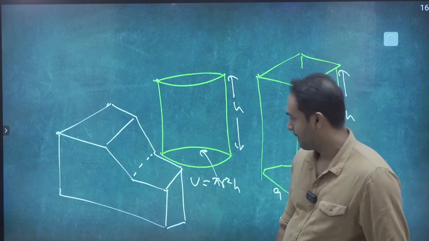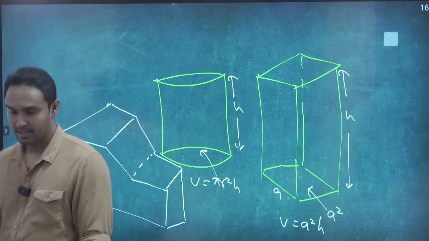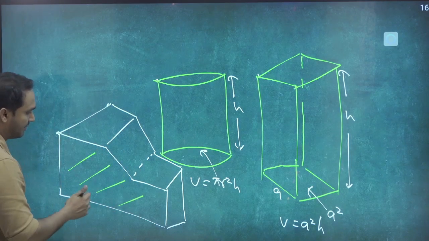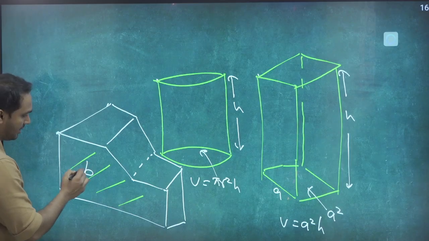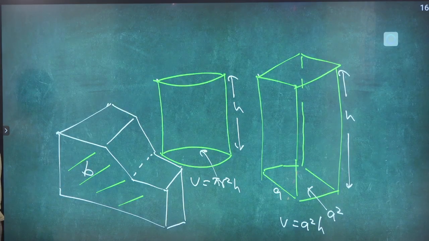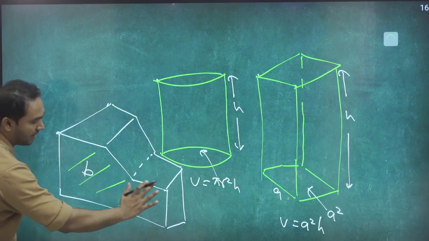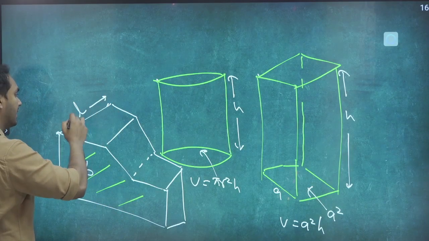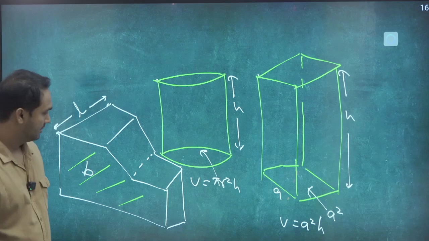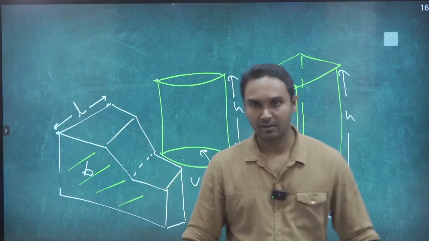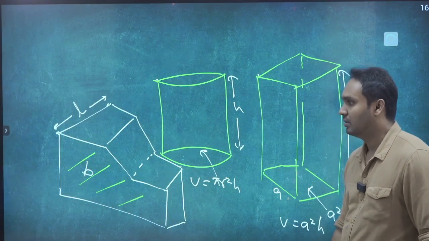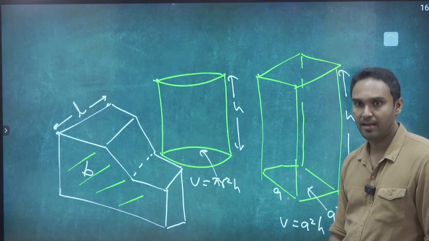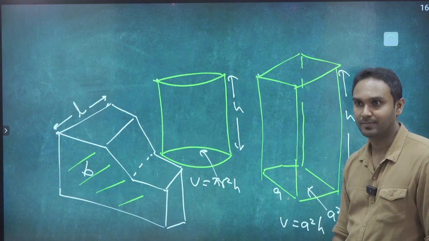The cross-sectional area of this part is given, let's say B, and the length of this part is given, L. Can you find the volume using these two given values, B and L? How? What is the volume?